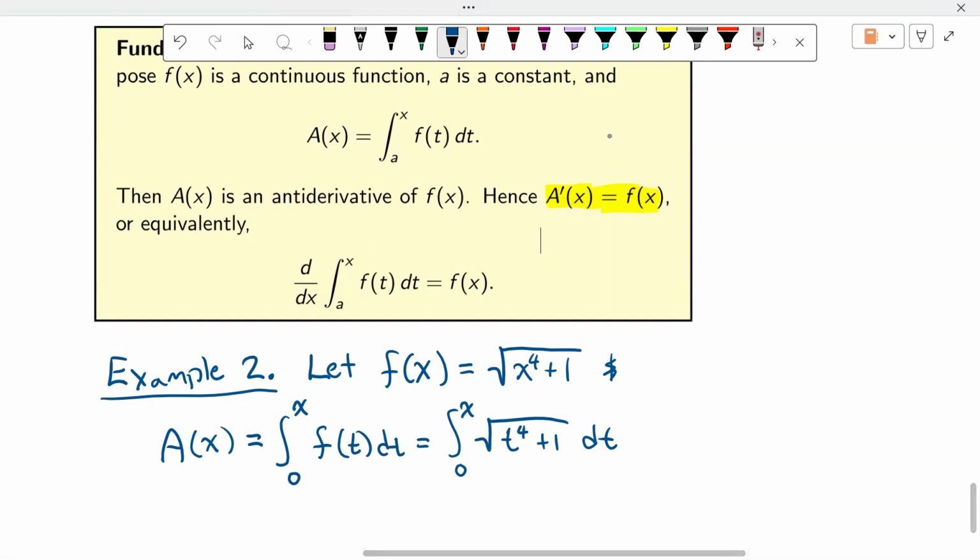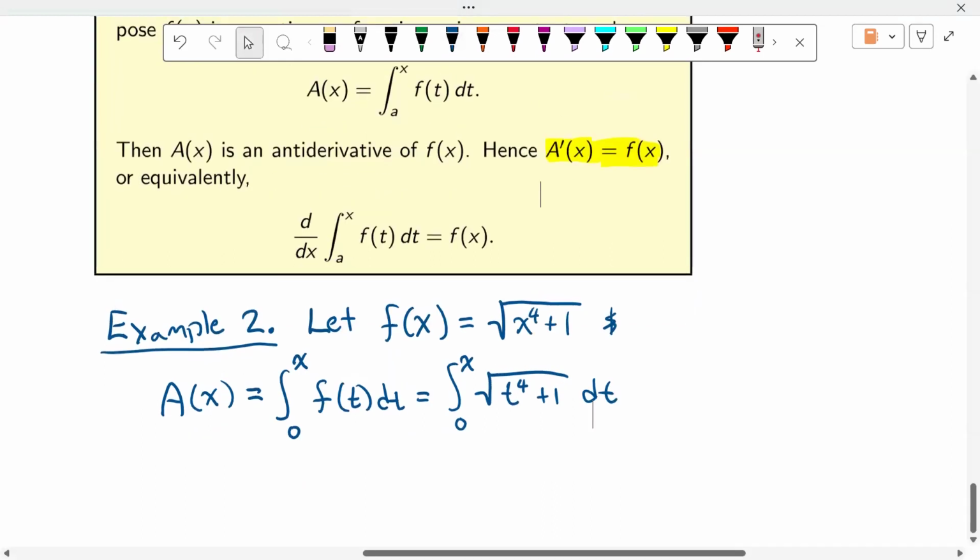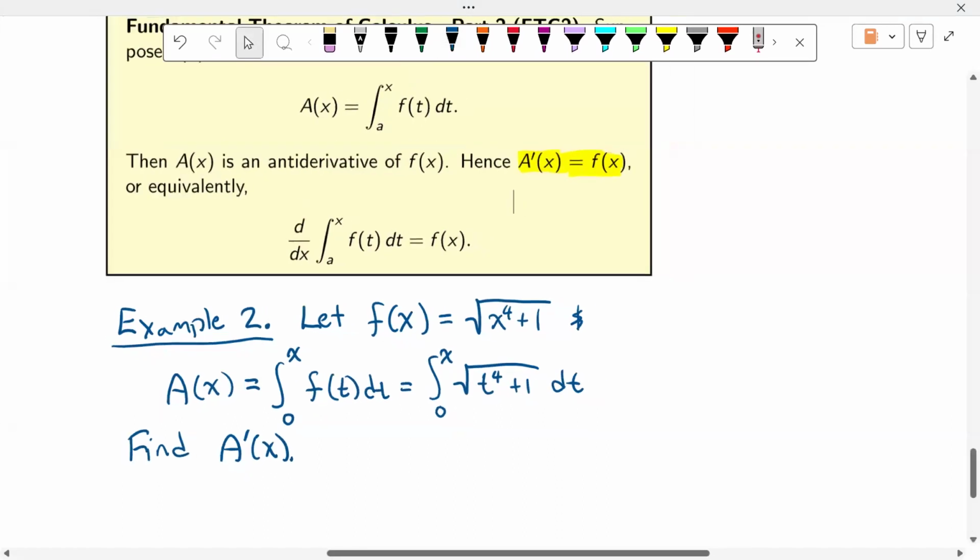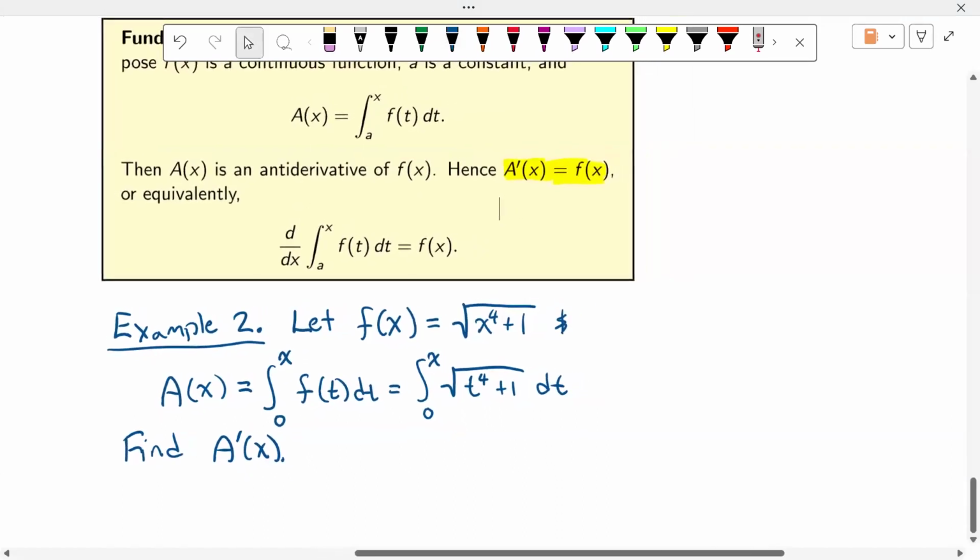And that's what the area function will be. So if that's my f of x, this is my area function. And imagine you're asked to find the derivative of the area function. You've got to find the derivative of the area function. I will show you the solution by FTC2.